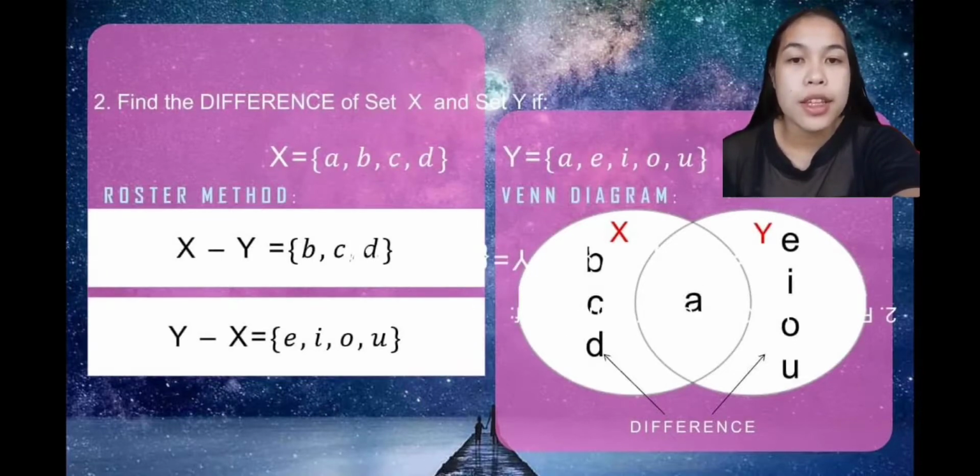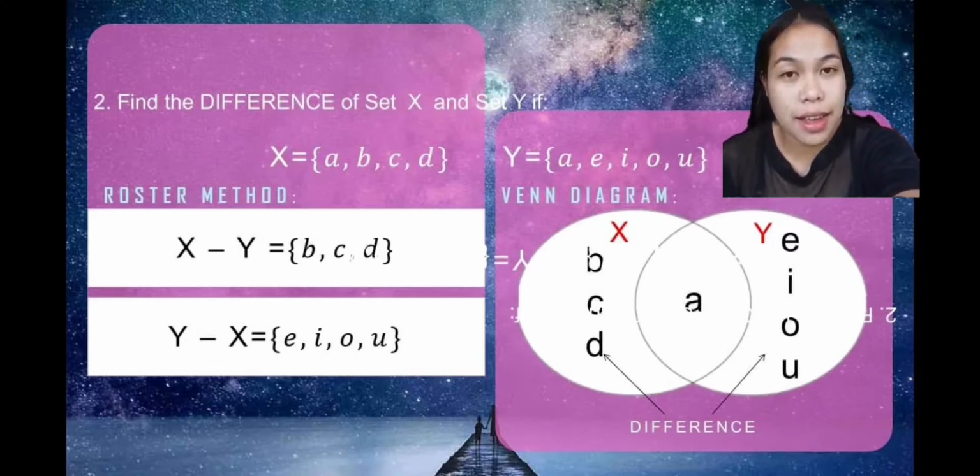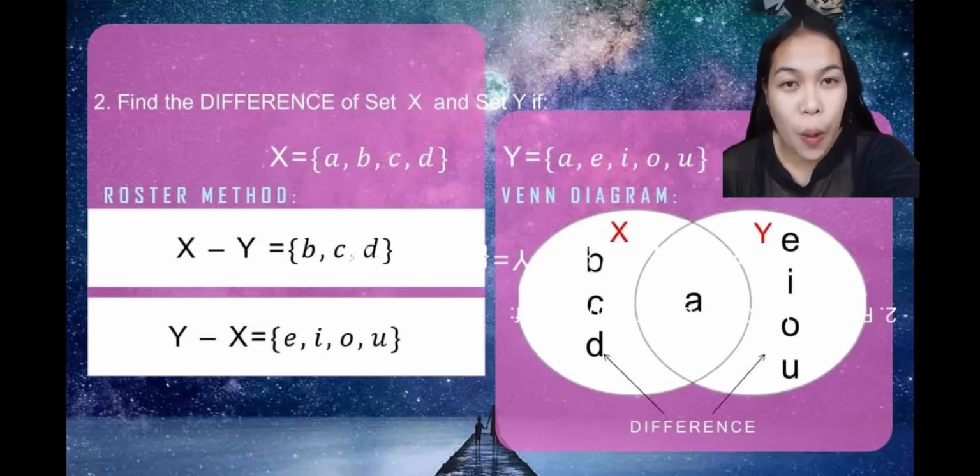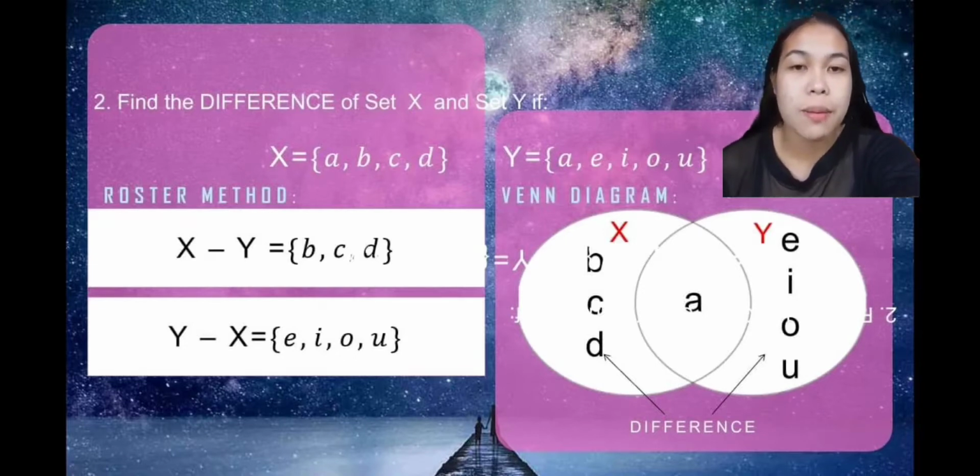Next, find the difference in set X and set Y. X equals A, B, C, and D, while Y equals A, E, I, O, U. Difference in X but not in Y is B, C, and D. Difference in Y but not in X is E, I, O, U. Illustration in Venn diagram.